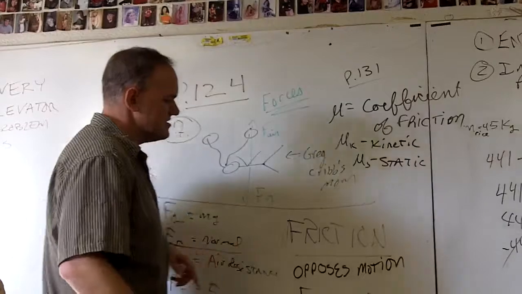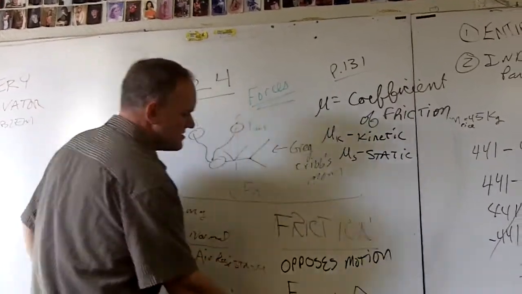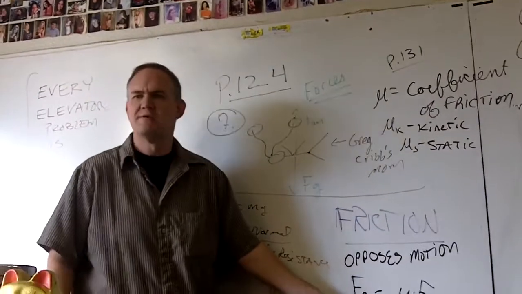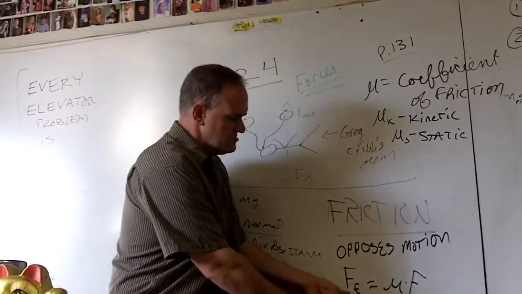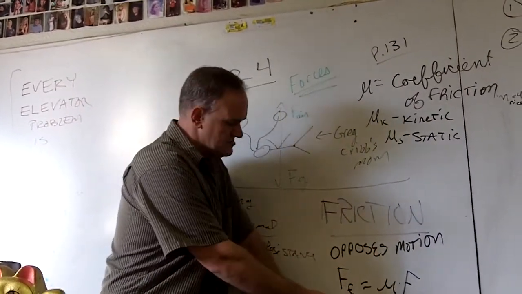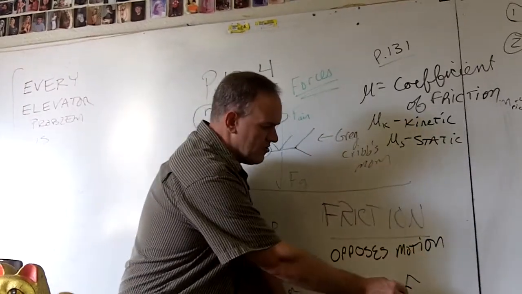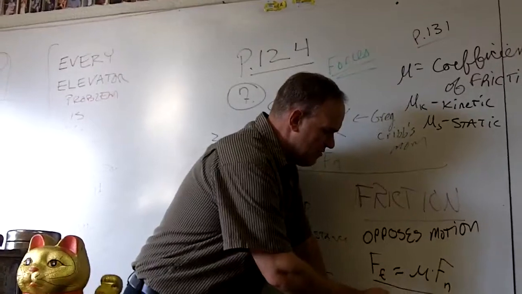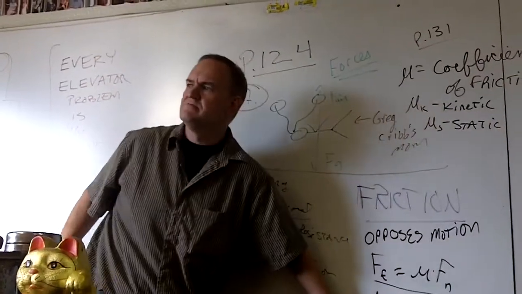Now let's talk about units on this. You can go back to the formula and figure out the unit. The unit on the force of friction is newtons. The unit on the normal force is. So in order for these to be equal, what does the unit on mu have to be?